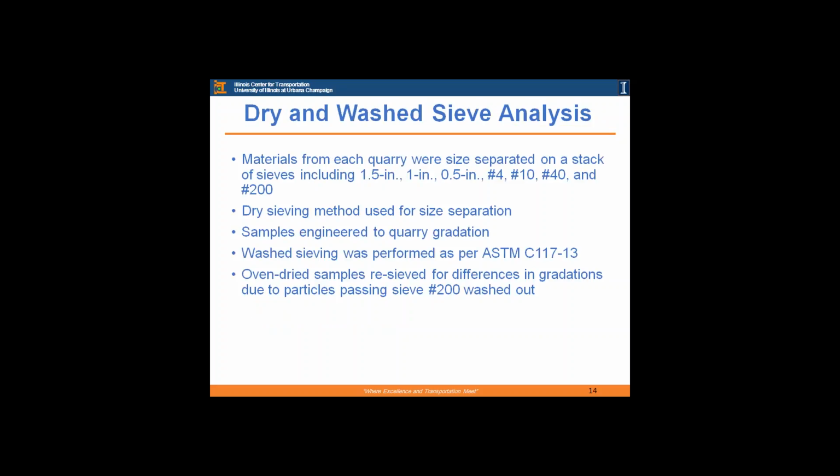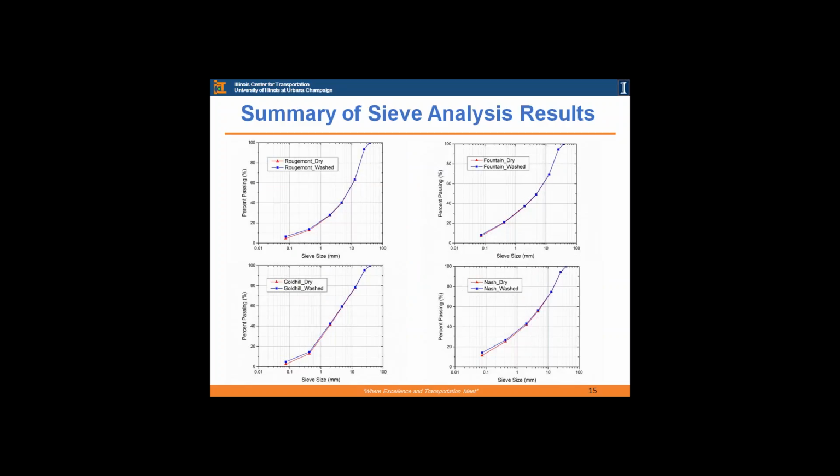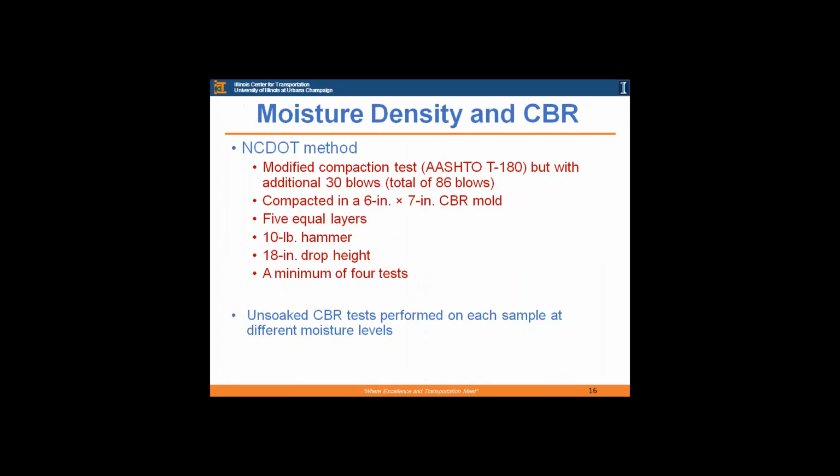Starting with the dry and wash sieving, I'm not going to spend a lot of time on this, but we tested all the materials for their source gradations, and we did the dry sieving and the wash sieving, and we corrected the gradations to the wash sieving gradations. These are the 4 materials that I will talk about in particular: Rougemont, Fountain, Goldhill, and Nash.